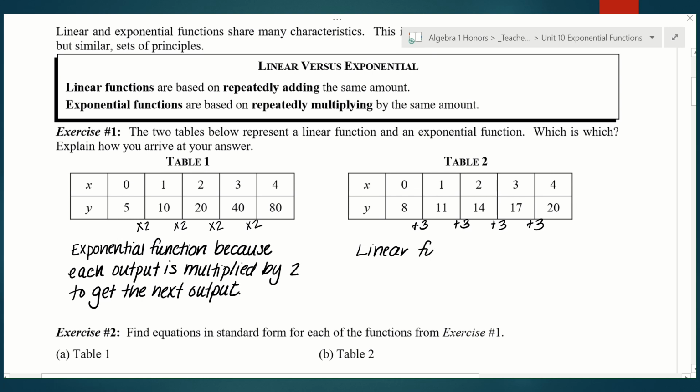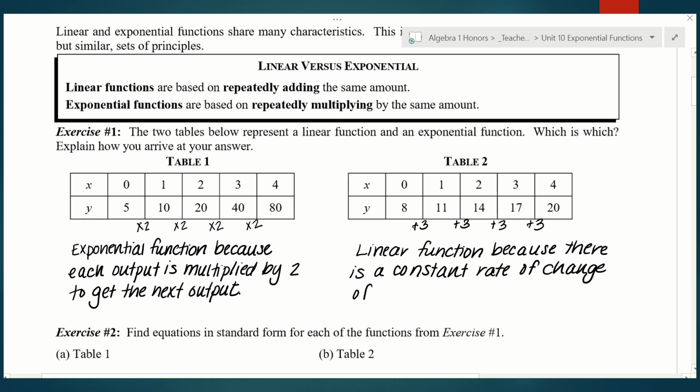So it's a linear function because there is a constant rate of change of 3.